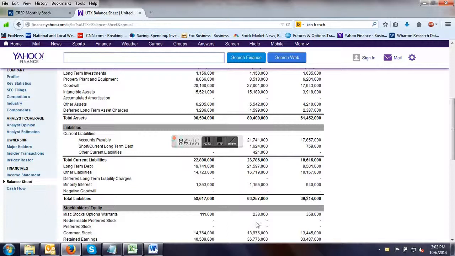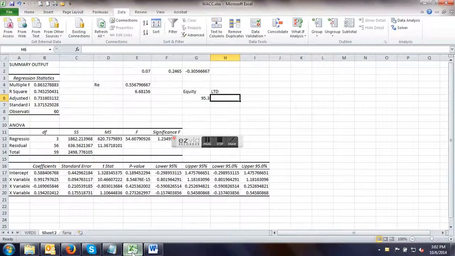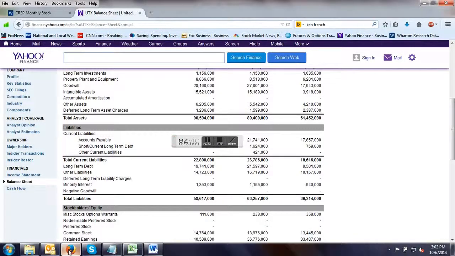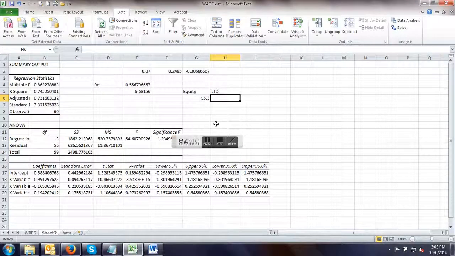So I would just take 39.2 minus 18.6 because we're only interested in long-term debt. So that's my long-term debt.